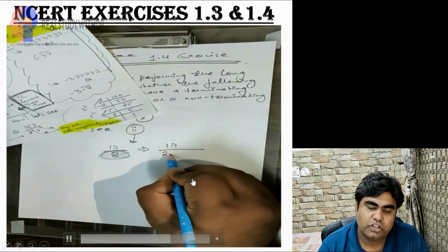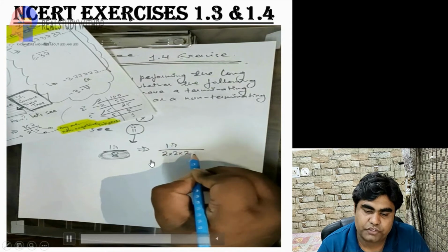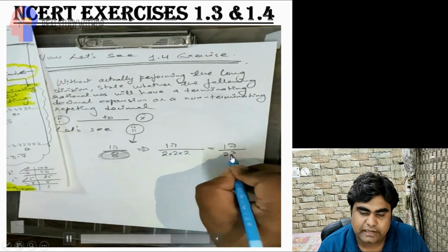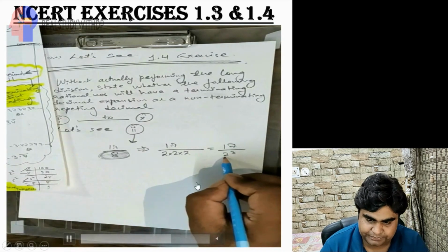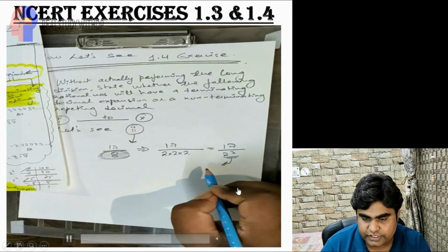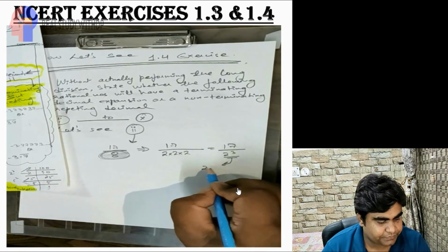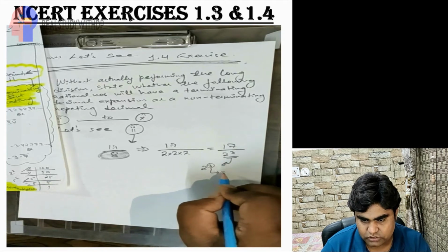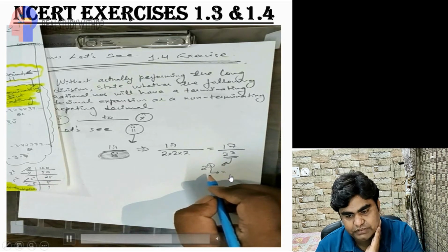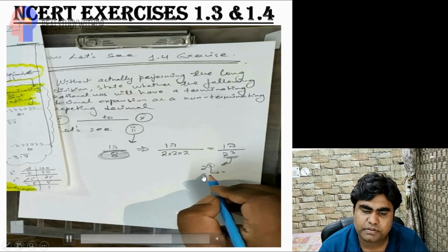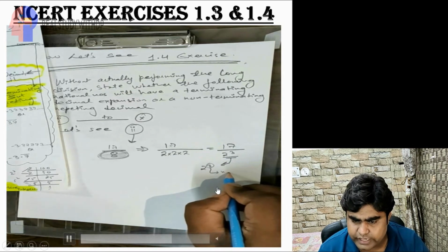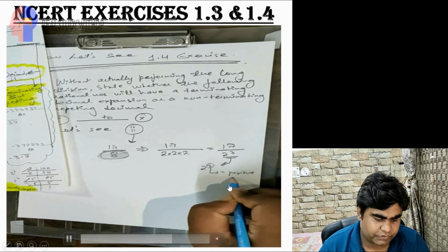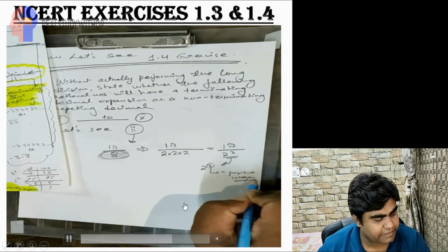Here the factors of q will be 2 times 2 times 2. That means it has a factor of only 2. That means it is going to be of terminating kind. Here 3 is a positive integer. It is not coming up any negative because the numbers are simple, pretty much the same one. So n is a positive one. So it is going to be a terminating number.